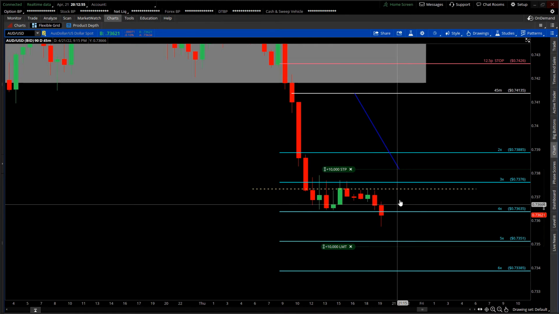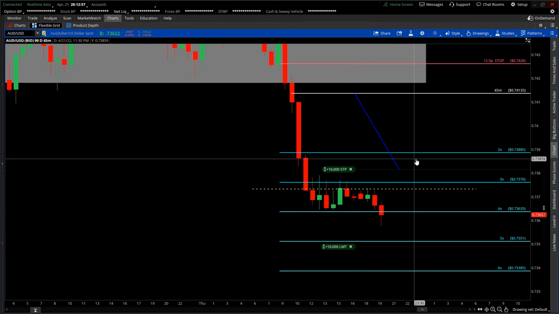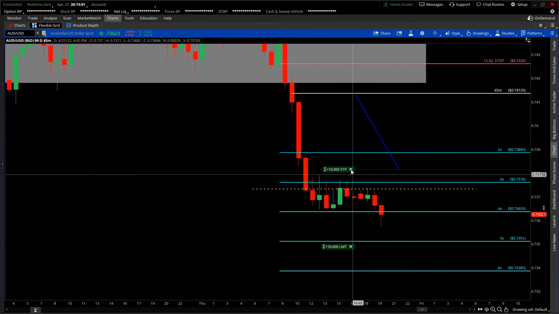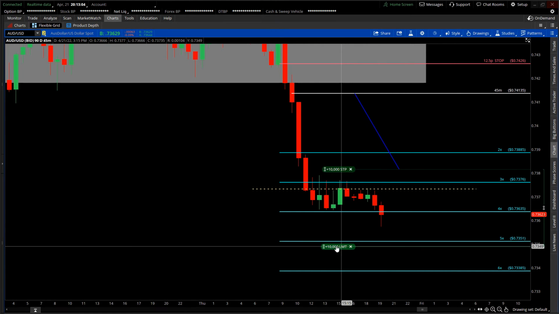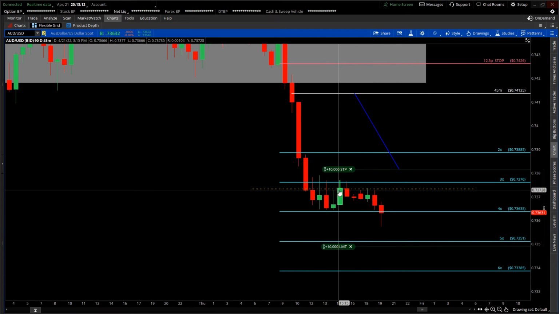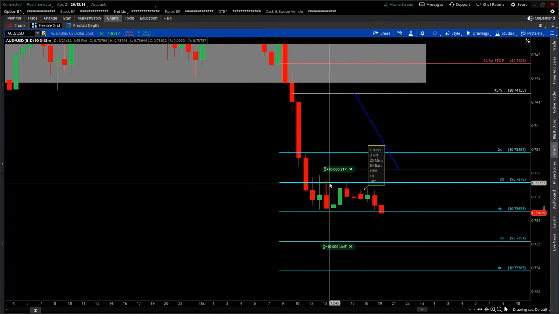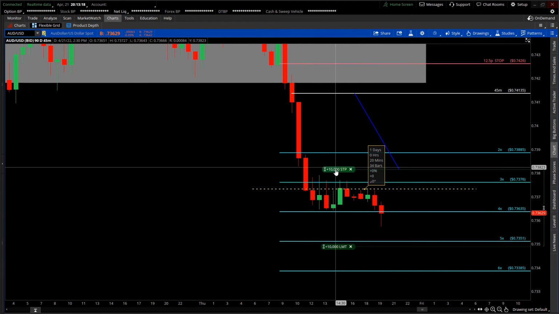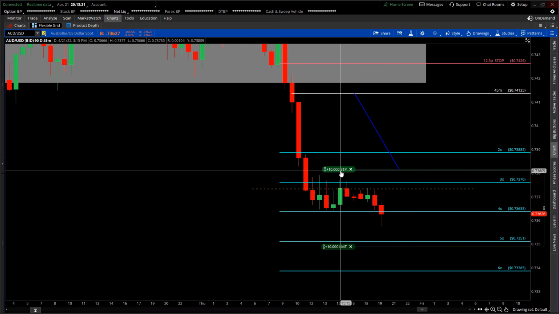Now, what I could have also done is place two independent orders, meaning that if the stop is triggered, this order will still stay open. And if for whatever reason, let's say price comes up and then during the overnight session comes crashing right back down, it'll close out my trade here, but then because this order is open, it will automatically buy me back into this trade. So I don't want that. That actually happened to me once or twice already when I started trading, until I discovered OCO orders.